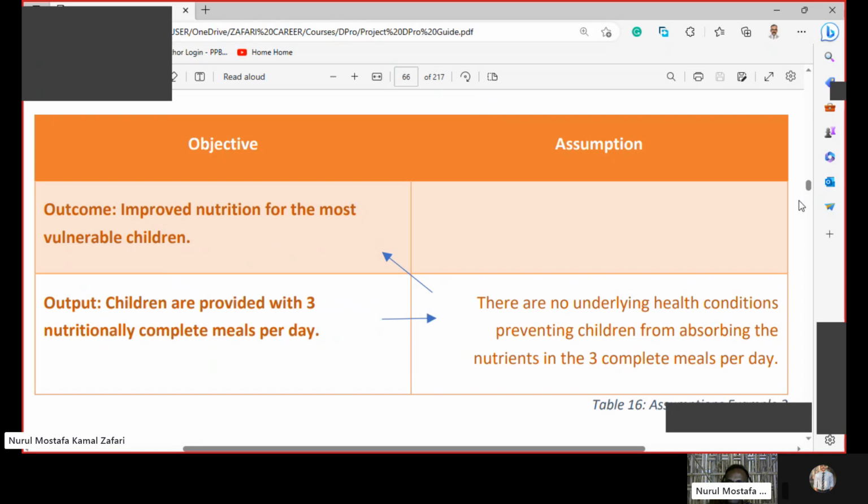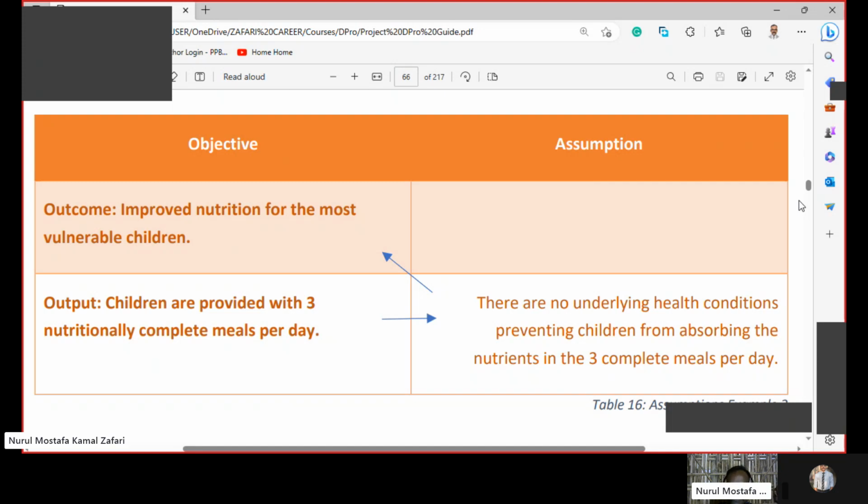So think about a malnutrition reduction or control project where there is an output: children are provided with three nutritionally complete meals per day. So children have been provided three nutritionally complete meals per day for 3 months, 4 months, 6 months.